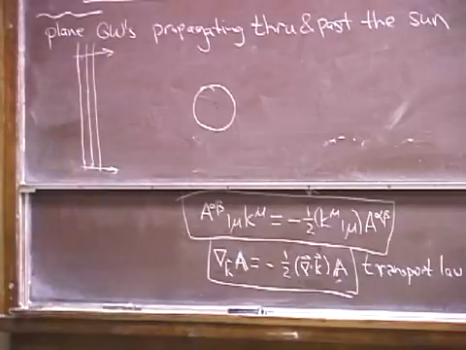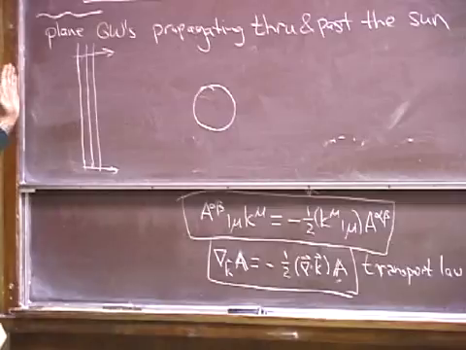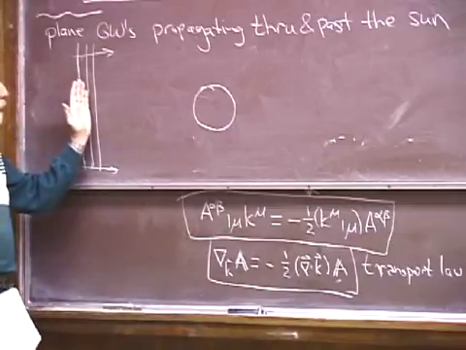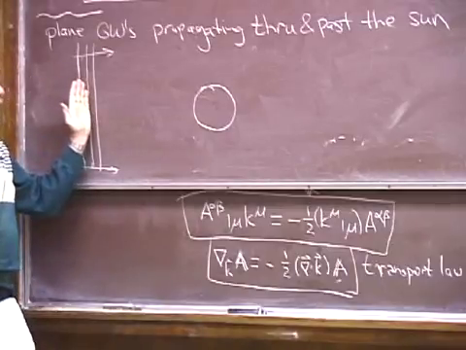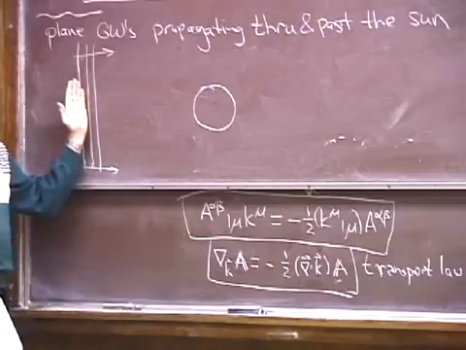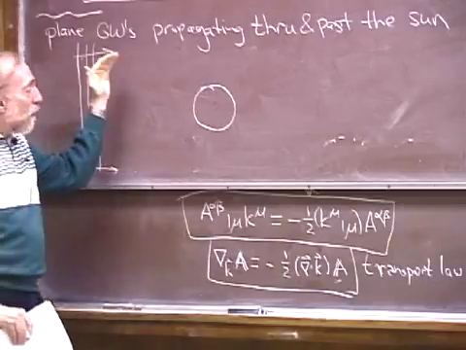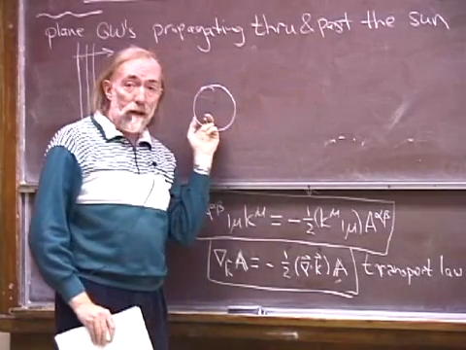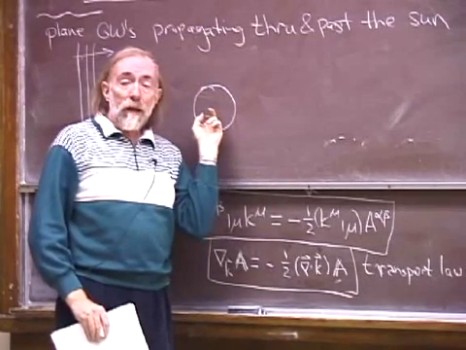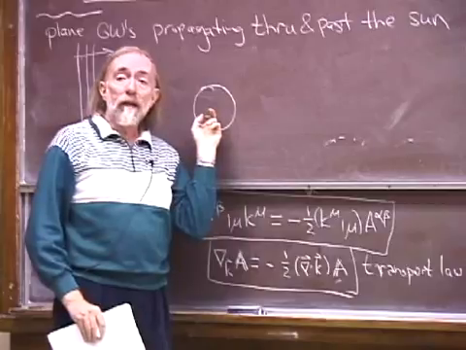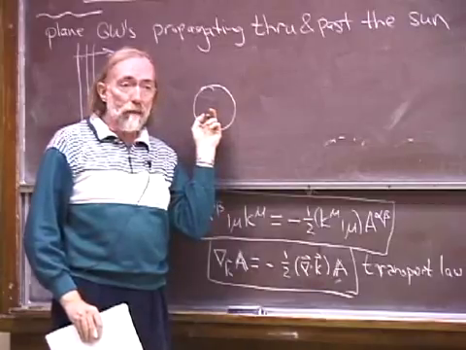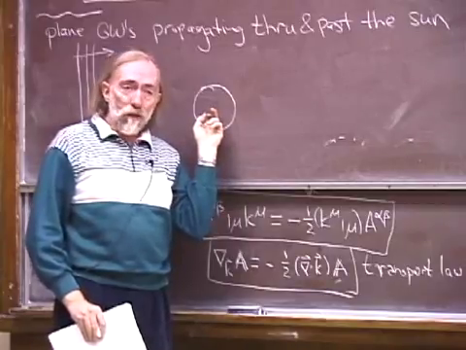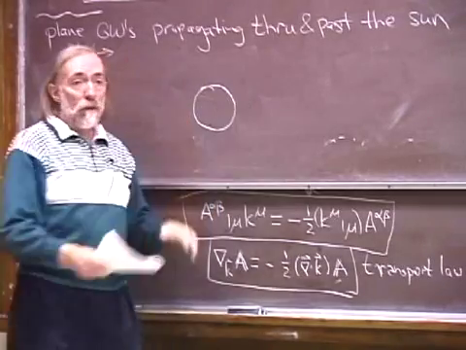This is a stationary situation in the sense that I just have a steady train of waves coming along. Nothing is changing in time, and I just have a pattern where these waves are going to be gravitationally focused by the sun, in fact. So I can talk about everything just in terms of a spatial diagram instead of a space-time diagram, since there's nothing changing in this picture over time.